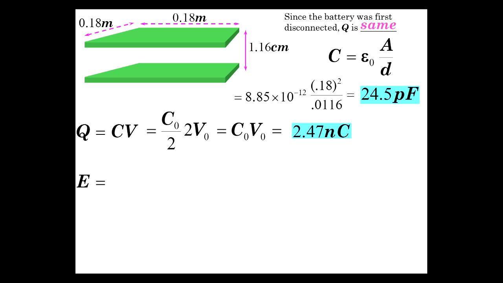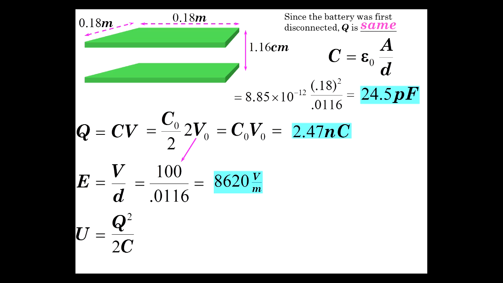Now the electric field is based on the surface charge density of the plates for parallel plates, so that shouldn't change either. Let's see, V over D, twice the voltage over double the distance. They cancel. 8620, just like before.